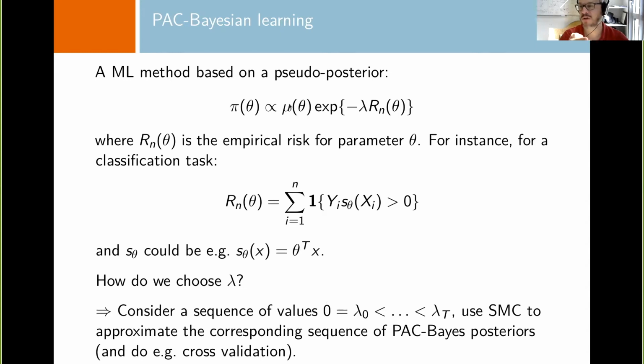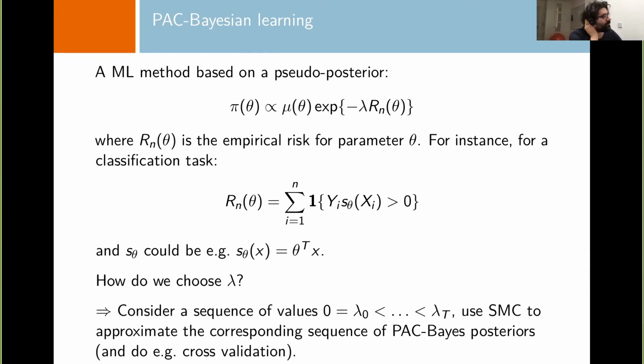At 0, you just have a prior, and then you increase lambda, and you manage to approximate all these different pseudo-posteriors, and in the end, maybe you can choose lambda based on some criterion like cross-validation. What SMC gives you in this context, especially compared to MCMC, is an approximation of many different pseudo-posteriors for different values of lambda, which I think is very nice.